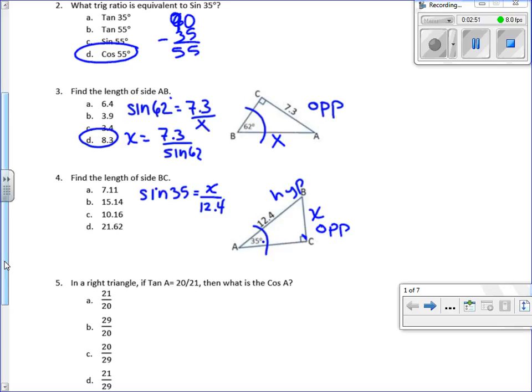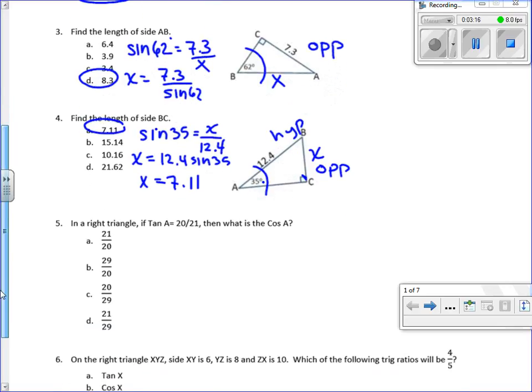Since x is on the top, we cross multiply: 12.4 times the sine of 35. I type in 12.4 times the sine of 35 degrees, close my parentheses, and I get 7.11. So that is the answer.